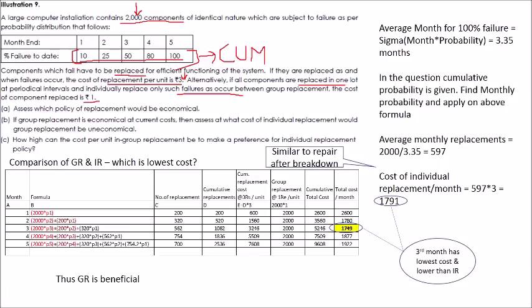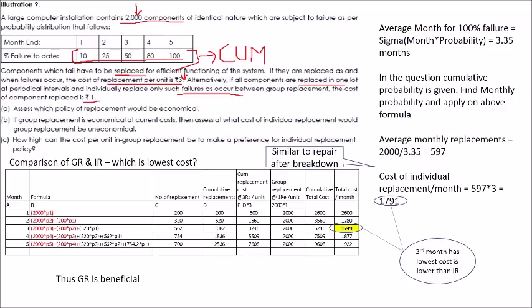Preventive maintenance does not avoid breakdown, but it will minimize it. So the company's second policy is to replace all the 2,000 components at periodic intervals, for example once a month or once in 2 months. This is called group replacement, and while running, some breakdowns or failures may still occur. On failure, I replace the failed component alone.